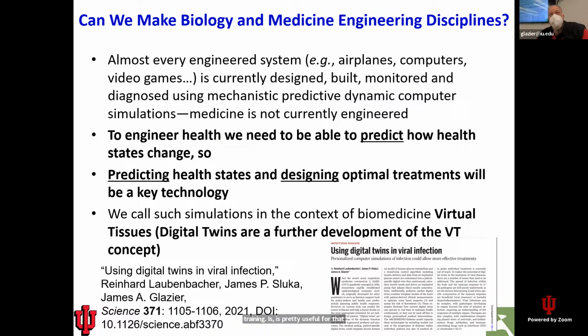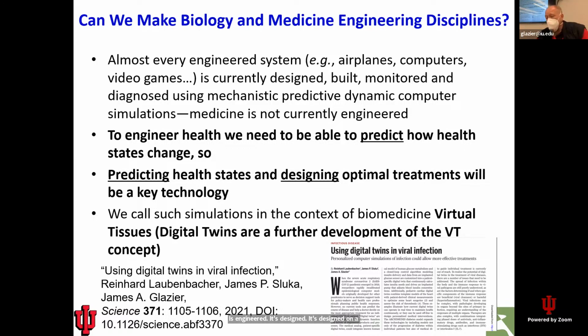We're in an engineering department because, and this is a slide that maybe doesn't fit as well in this class as in some other classes, almost everything that we deal with in the modern world that's built, whether it's an airplane or a computer, is engineered. It's designed on a computer.